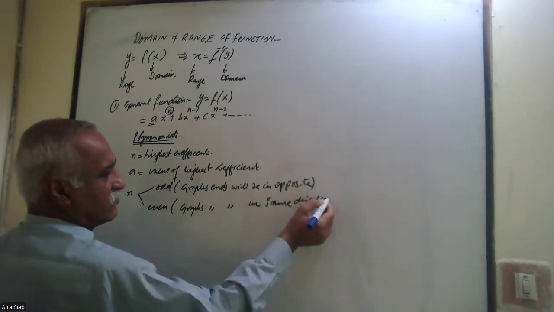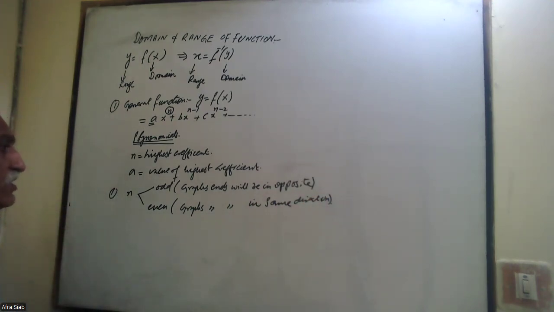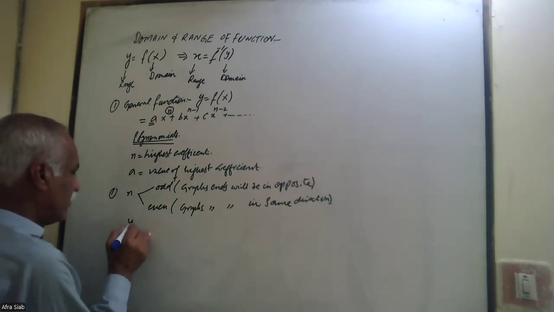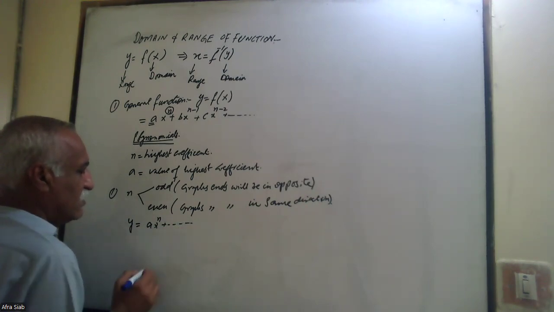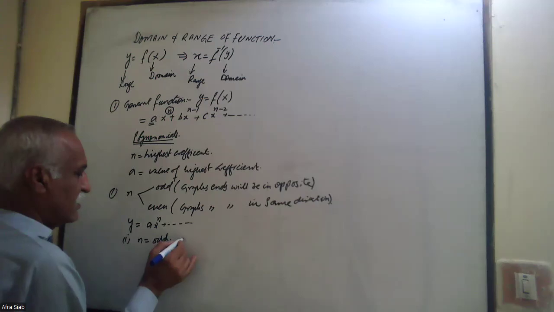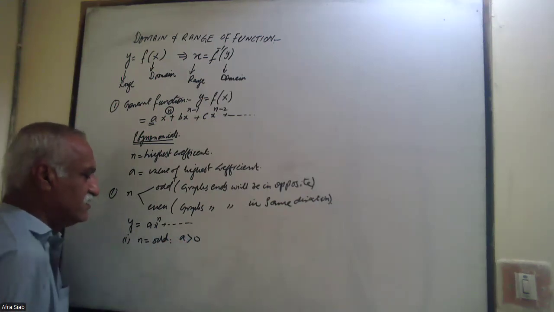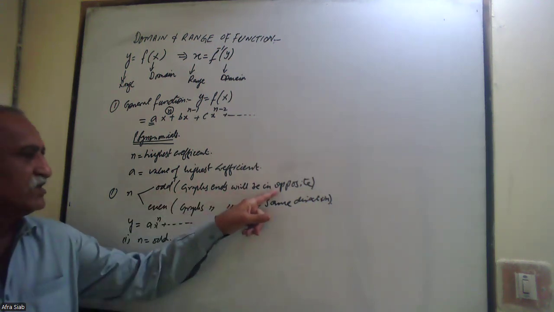So let's explain it one by one, and then we will define both the domain and range of this function. For example, y is equal to ax^n plus something. Now, n is odd and a is greater than 0. So when a is greater than 0 and n is odd, the graph will be in opposite directions.